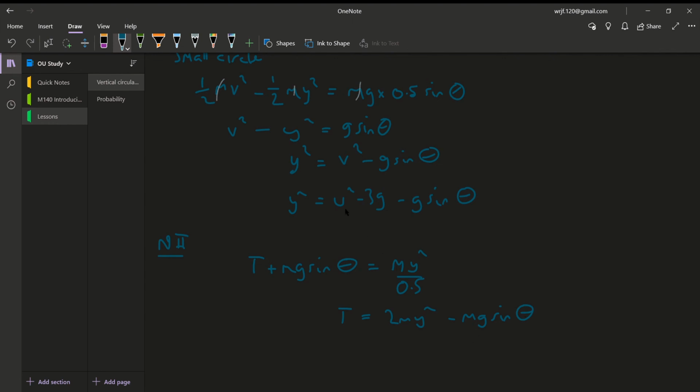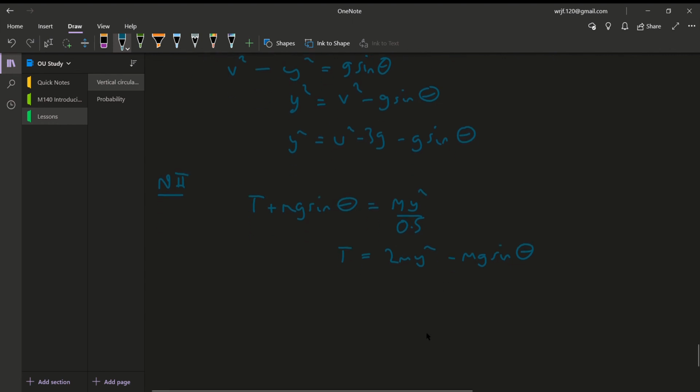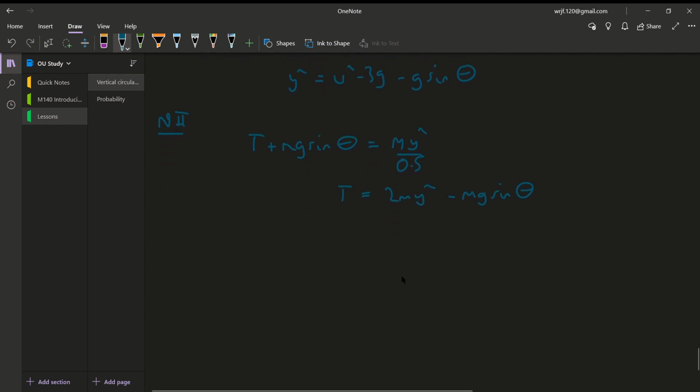But I've got an expression for my y squared just a little bit further up there, so I can now substitute for that expression for y squared as well, and that's going to get me my T in terms of u and theta. So instead of 2my squared, now I'm going to have 2m, and then all of that y squared expression is going to go in there, u squared minus 3g minus g sine theta.